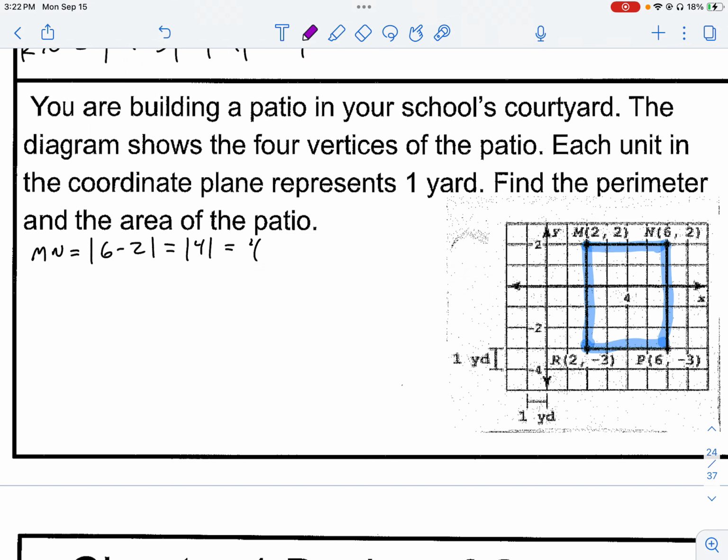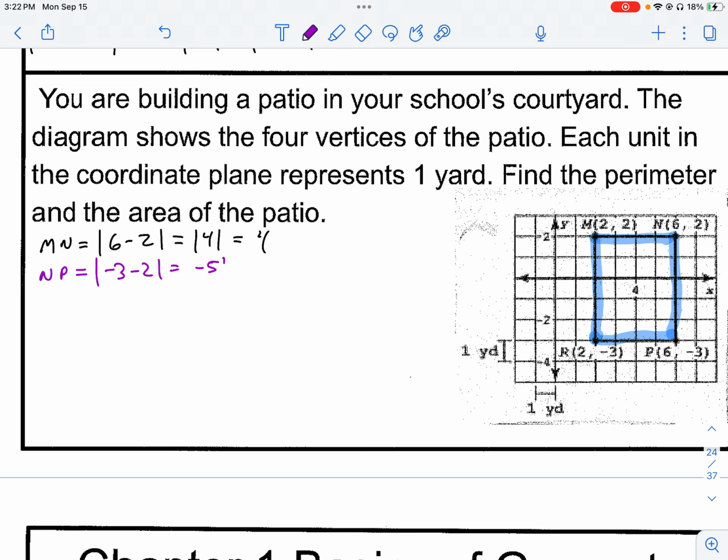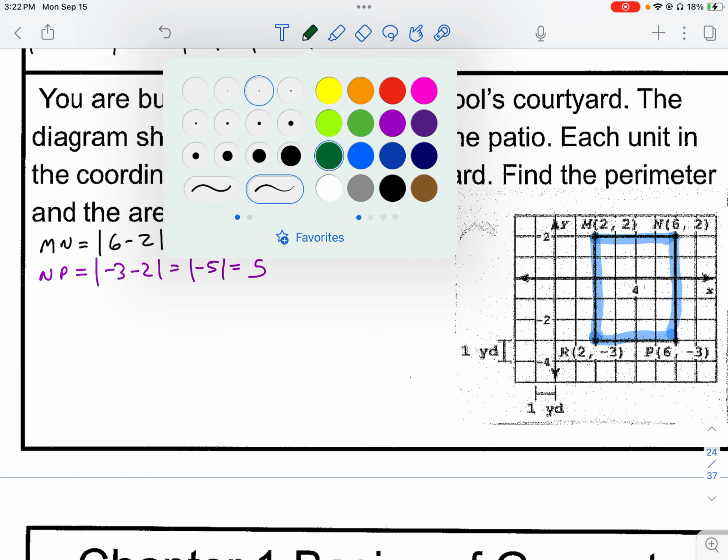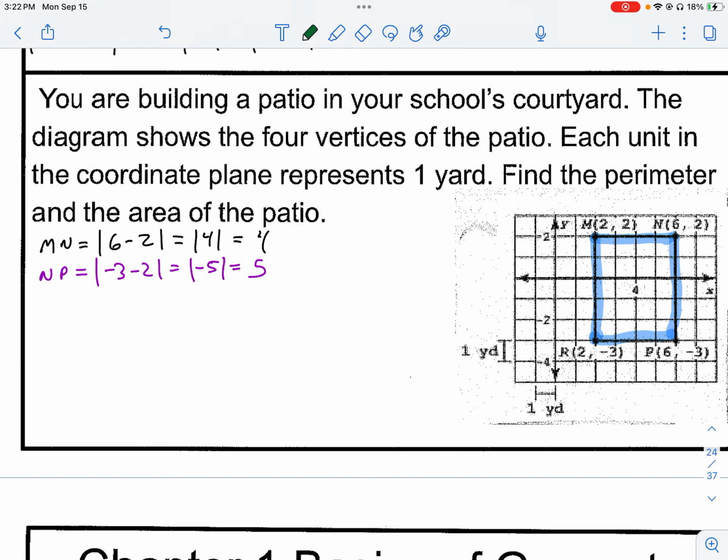So there's MN, then we get NP. And it's nice that they laid them out all on the grid lines, so we get to use our little shortcut method with just the absolute values. But really, it's not that much more work if we got to do the distance formula.